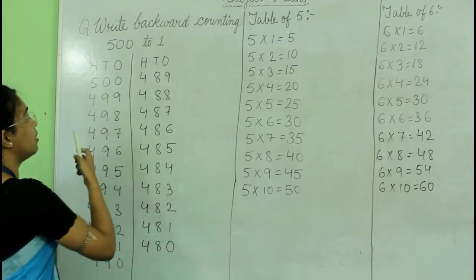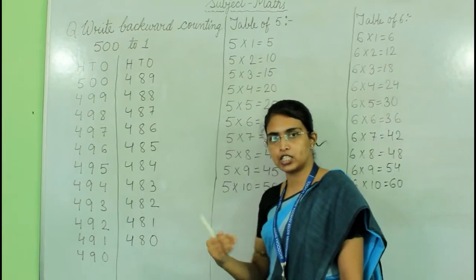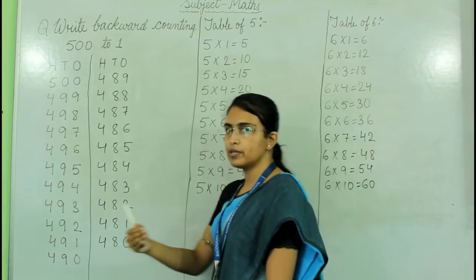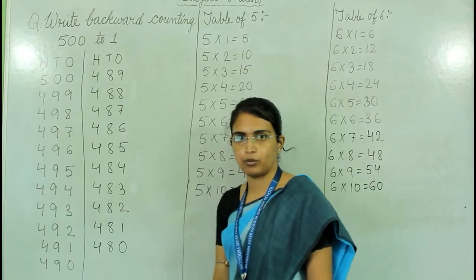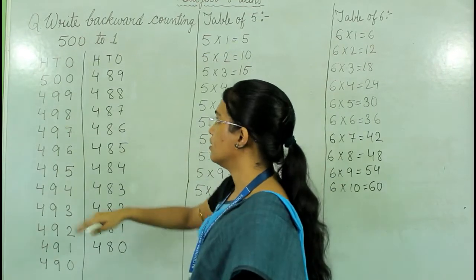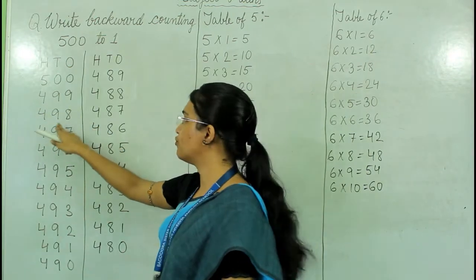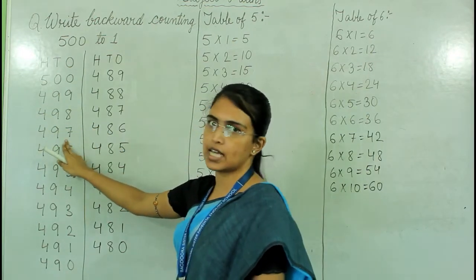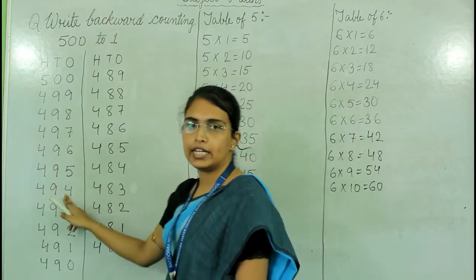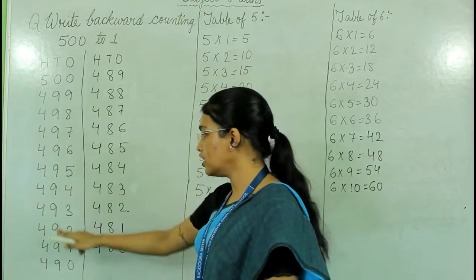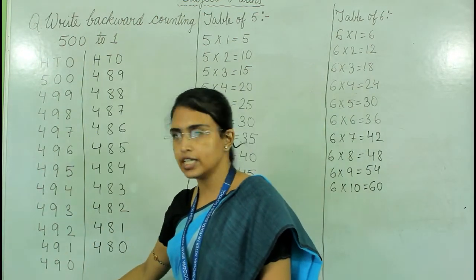Backward counting means piche na. Backward means piche na. Now we are at 500, and we will go backward. From 500, then 499, 498, 497, 496, 495, 494, 493, 492, 491, 490.